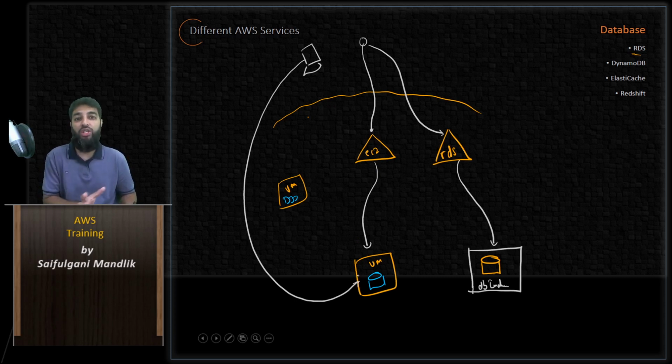You can establish an RDP connection to a Windows operating system or an SSH connection to a Linux operating system. So you have operating system level access to a virtual machine created using EC2 instance. And by the way, a virtual machine created using EC2 service is called as an EC2 instance.